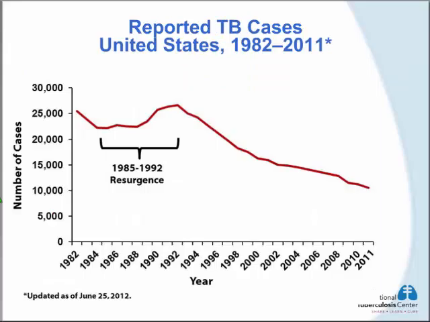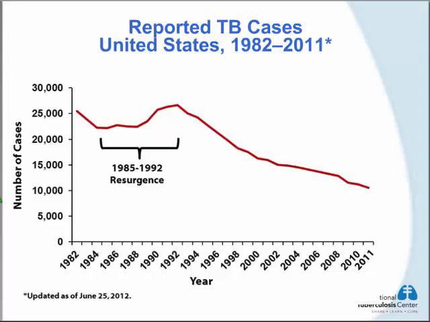Now, turning to the epidemiology in the United States, we know that since the anti-TB drugs became available in the 1940s, the rates of TB decreased dramatically in the United States, to the point that in the late 70s, early 80s, it was estimated that maybe by the year 2000 we would have eliminated TB from the United States.